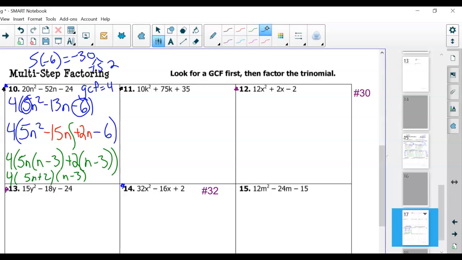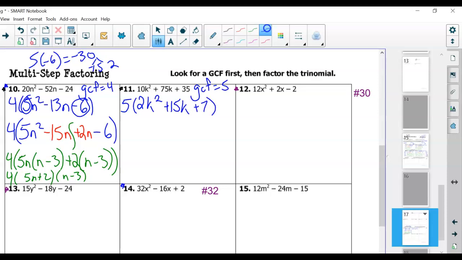For number 11, I'm looking at all of these terms, and I see that I can't divide each of these by 10, but I can divide each of these by 5. If I divide each of these by 5, that would leave me with 2k squared plus 15k plus 7.